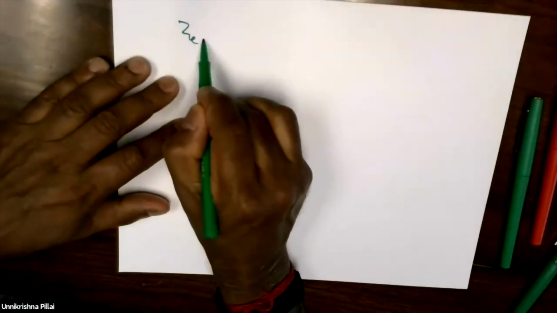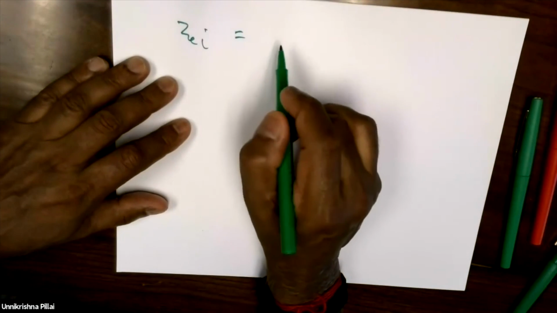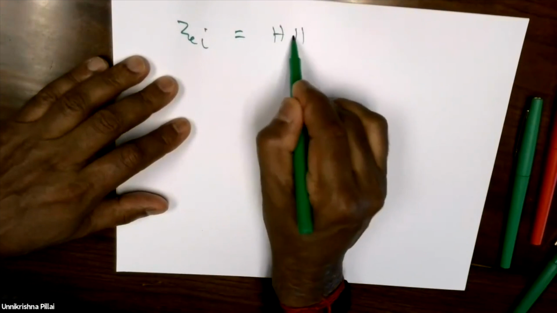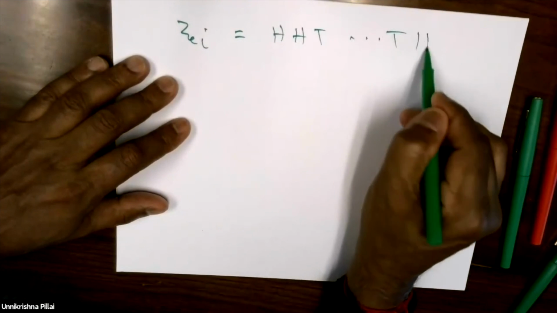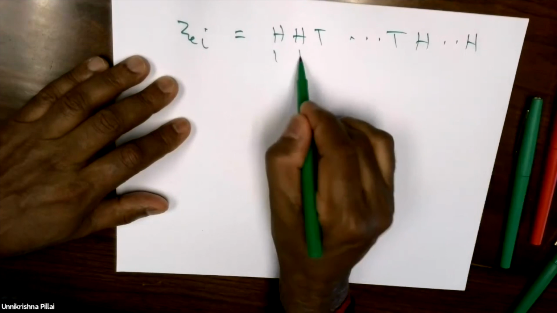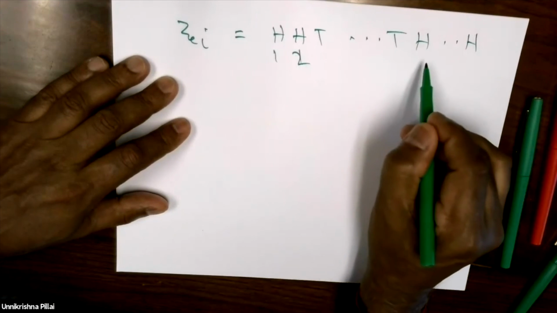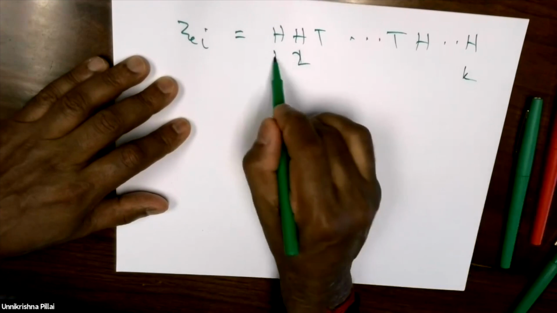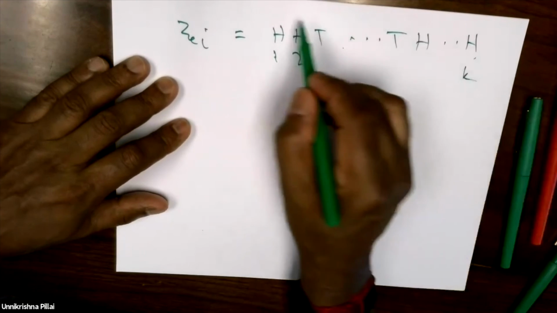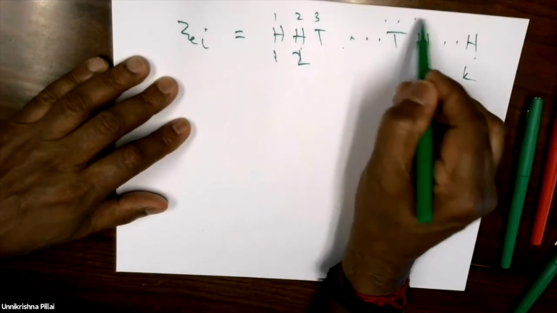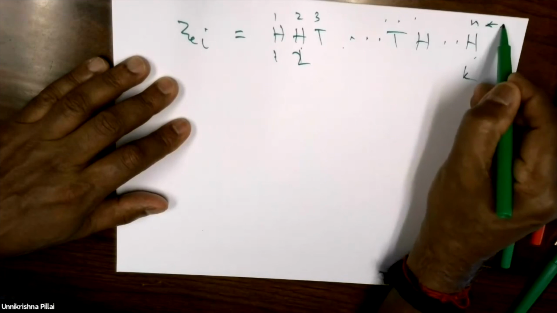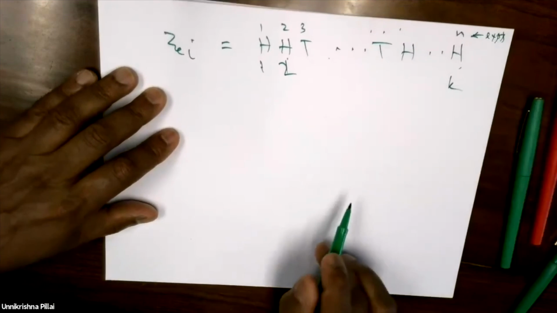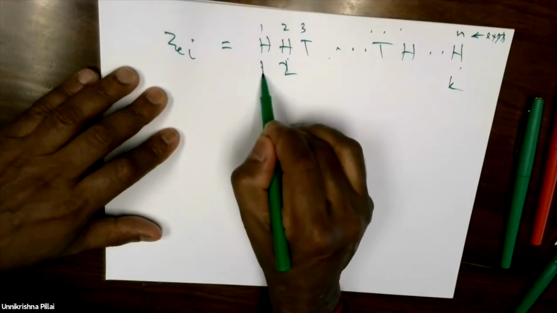So let me rewrite what I wrote here. If I take a sequence and start counting, I see that there are 1, 2, 3, etc. Totally N experiments, look at the way I wrote. N experiments, and I start counting the heads.